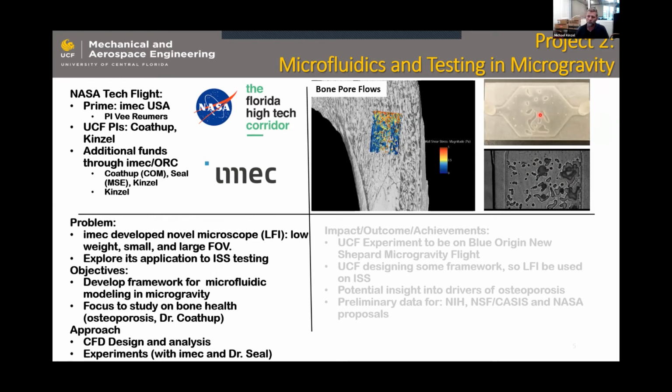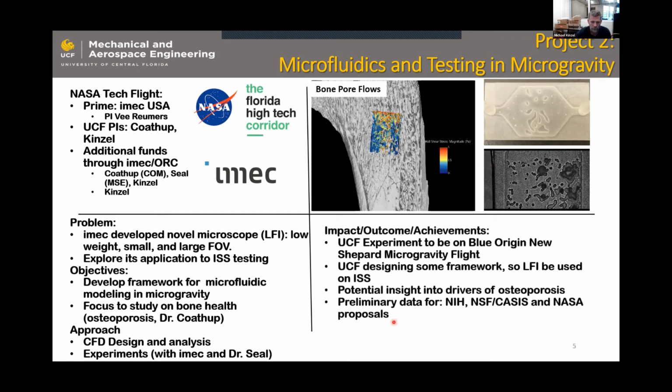And we think that could relate later on down to why people on Earth have osteoporosis. So this is a list of some of the outcomes that we believe we will get from this. Really the main concept here is this is a nice program to drive a lot of preliminary data for larger grants downstream.